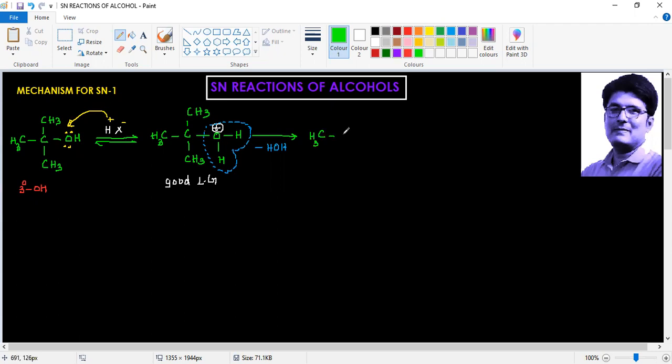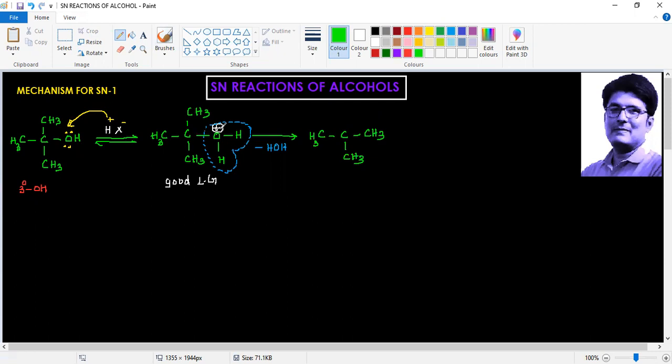CH3, C, CH3, CH3. For our easy process, this compound I'm just trying to write down like this for your easy purpose, rotating it like this.